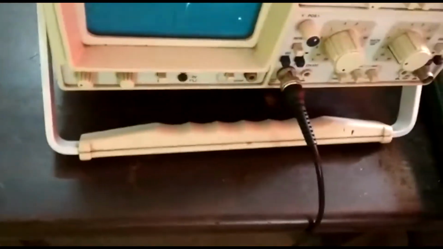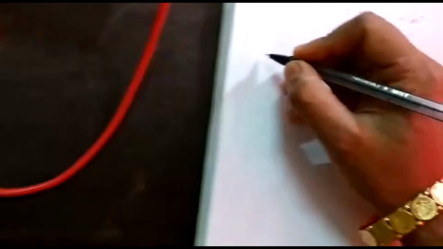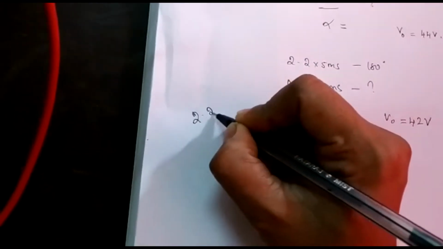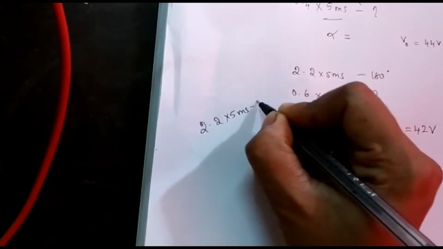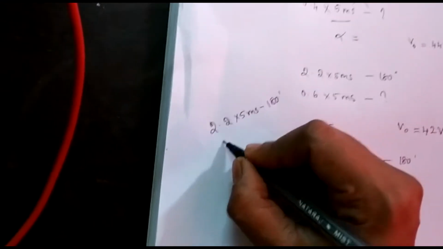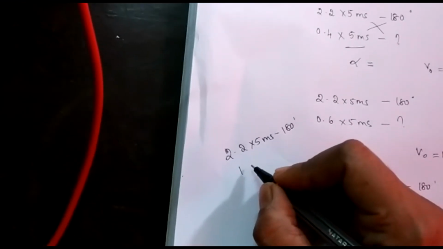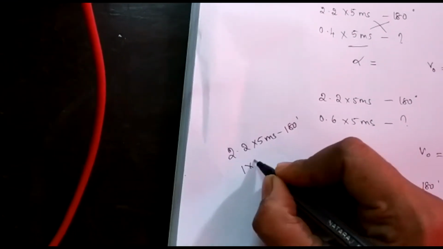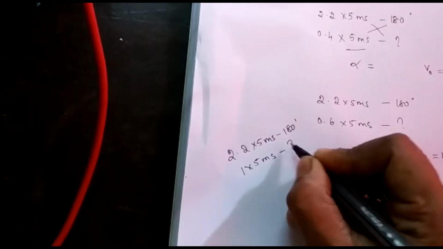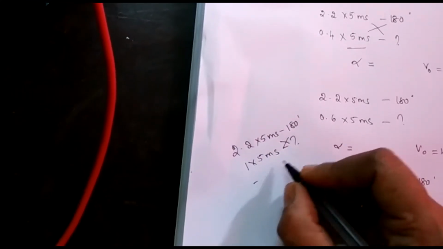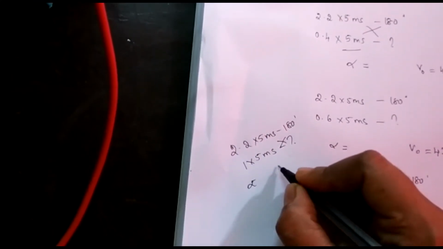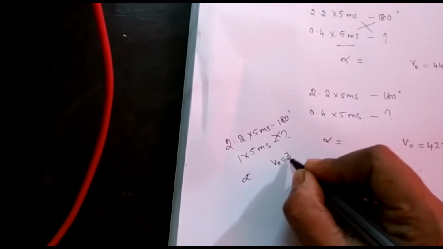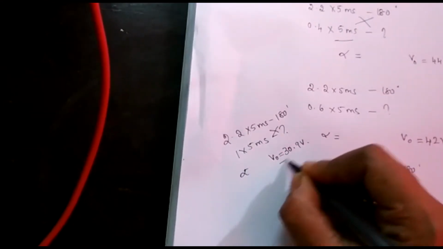So, 1 into 5 milliseconds. The calculation goes this way: 2.2 into 5 milliseconds is 180 degrees. So, 1 into 5 milliseconds is how much? So you get your alpha, and V0 is equal to 30.9 volts.